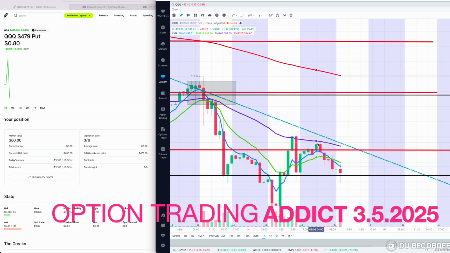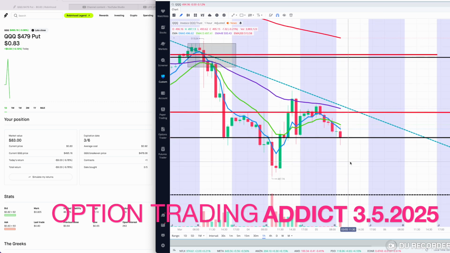All right, let's see. It's kind of breaking down here. Now, if it can break down, I would guess that it would probably retest this area and would have to break down past it and probably go to this area or even lower. Maybe hit this zone right here.